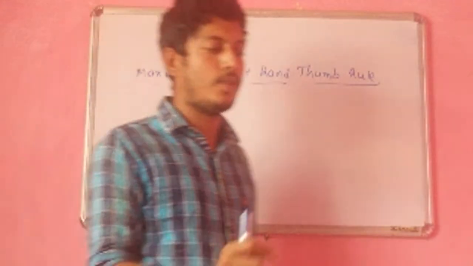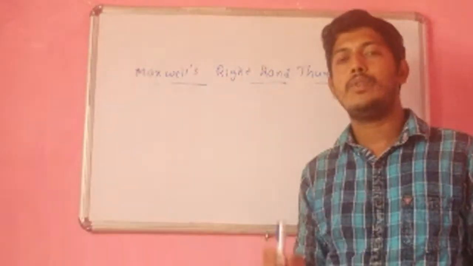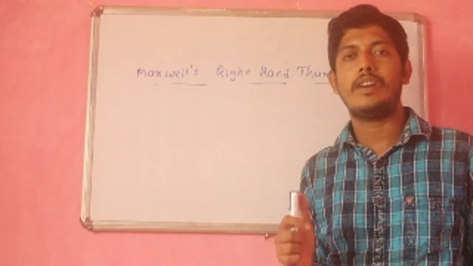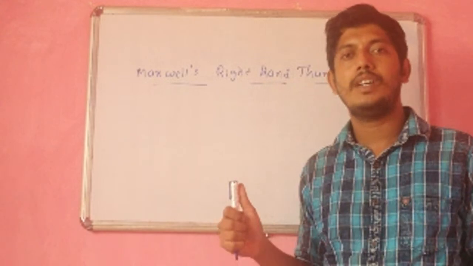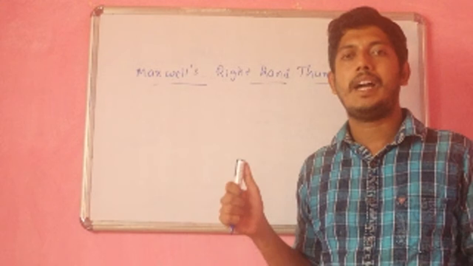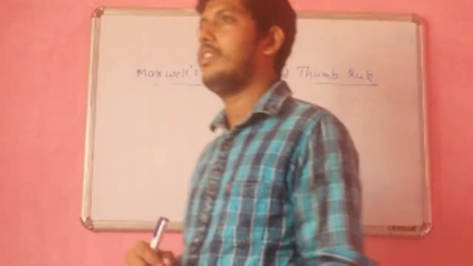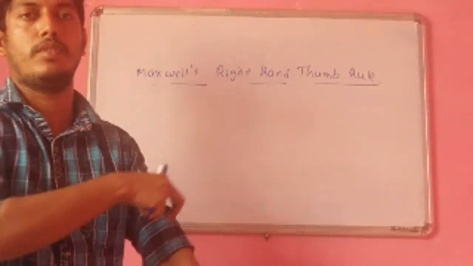So according to Maxwell's right hand thumb rule, when you hold a current carrying conductor in your right hand, and if the thumb represents the direction of the electric current, then the curl of the fingers shows the direction of the magnetic field. Just note down the statement of Maxwell's right hand thumb rule.